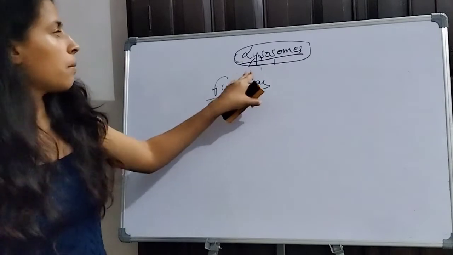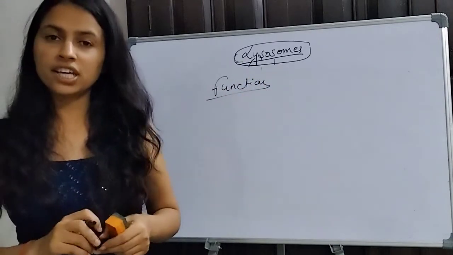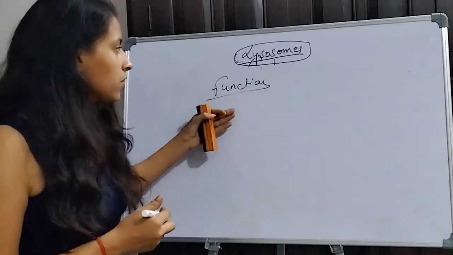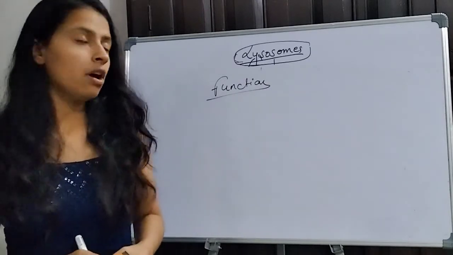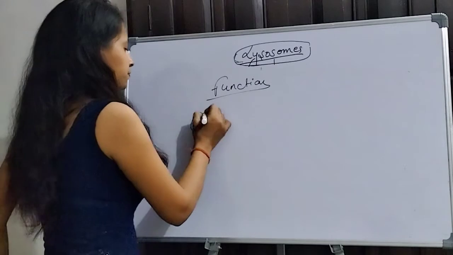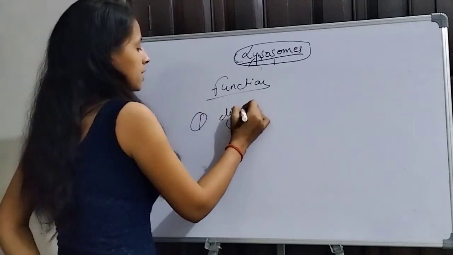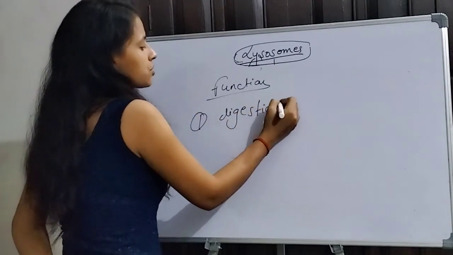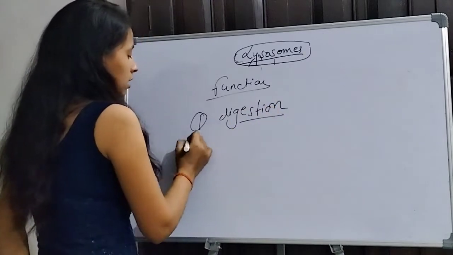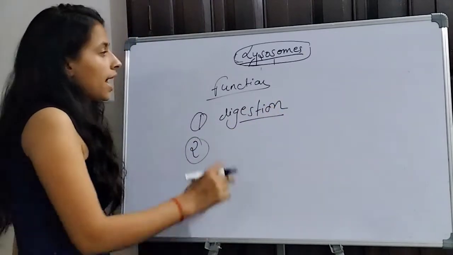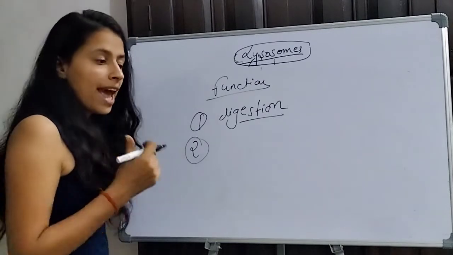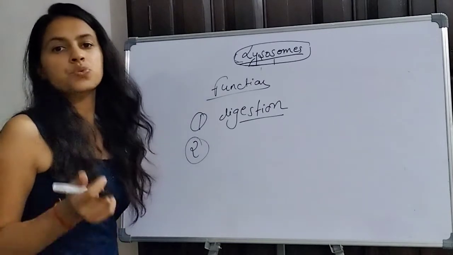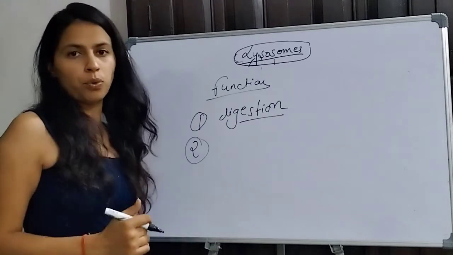I discussed that lysosomes contain hydrolytic enzymes. So the most important function is that they help in digestion of your food. The second is that they help in removing undigested food or any other toxic substances which are not useful for our body.